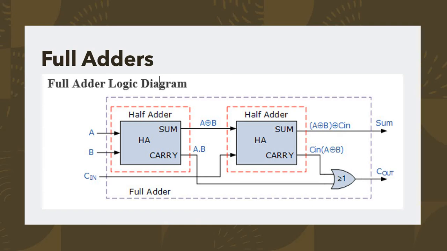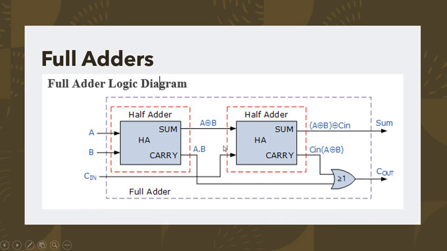So a full adder is just a combination of 2 half adders. If you look at the block diagram here, you have inputs A and B. The sum is A XOR B, which will now be inputted to the next half adder. And of course, the C-in will be the input to the second input, B, of the second half adder.